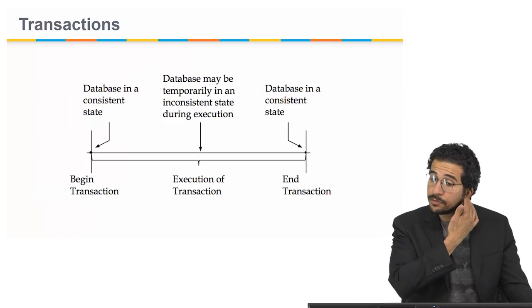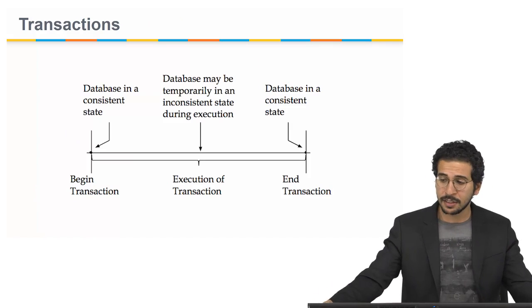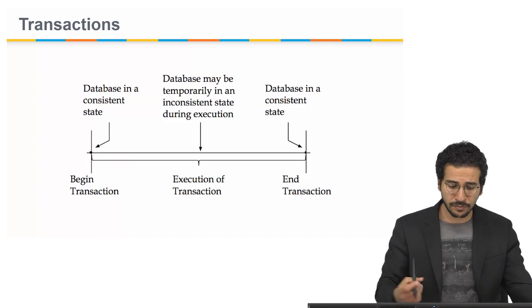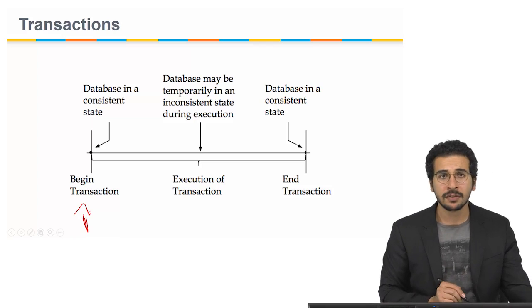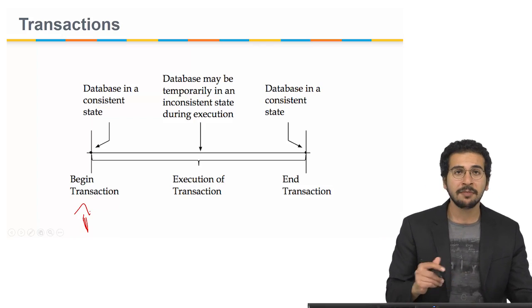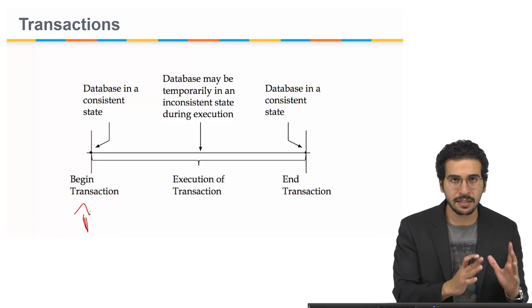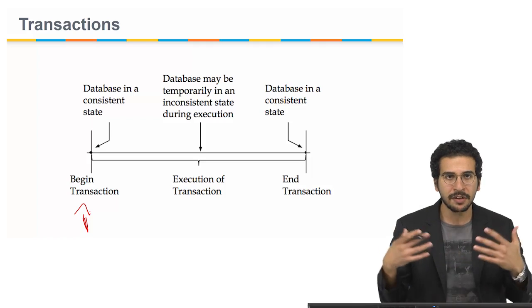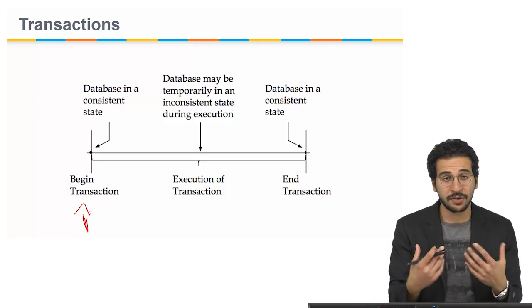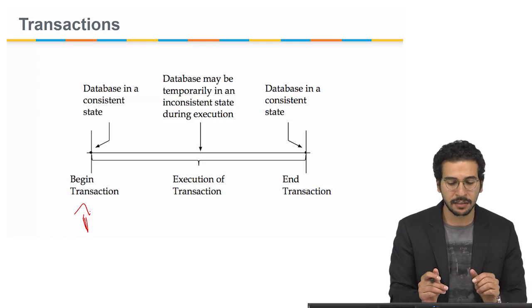So if we take a look here, this is the database before the transaction starts. The database before the transaction starts is in a consistent state. What we mean by consistent state here is that all the integrity constraints of the database are satisfied. Everything is fine.